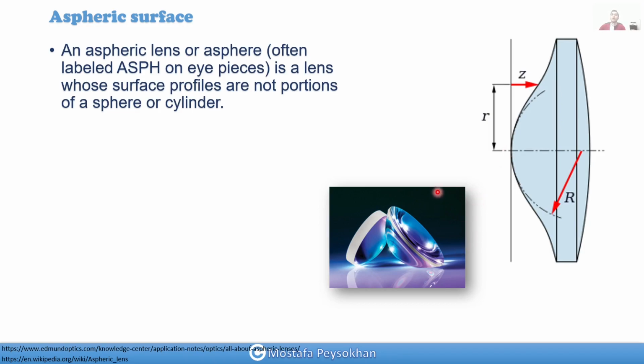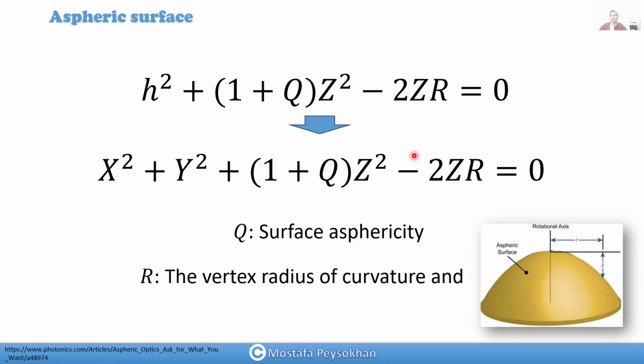So those are usually much more expensive than regular spherical lenses. But you can minimize the spherical aberration, chromatic aberration, and even distortion in our optical system. Our eye is a kind of aspheric surface, so it's like a very expensive lens.